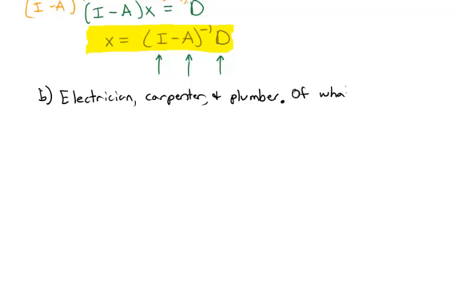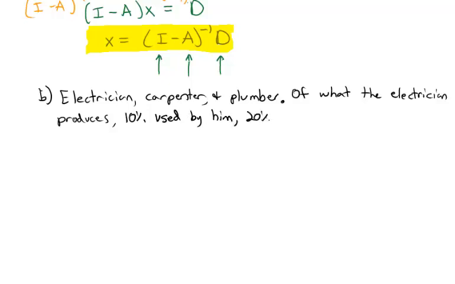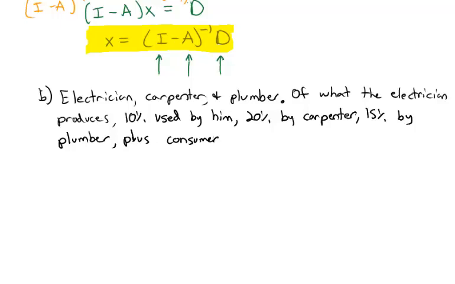Of what the electrician produces, 10% is used by himself, 20% by the carpenter, 15% by the plumber, plus the consumer uses $10 billion.